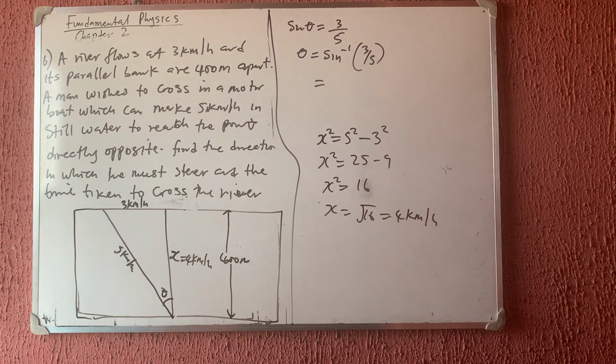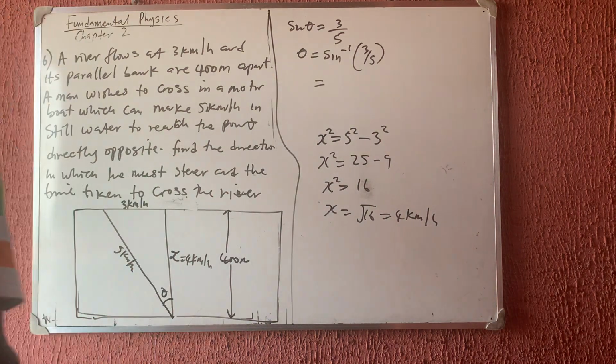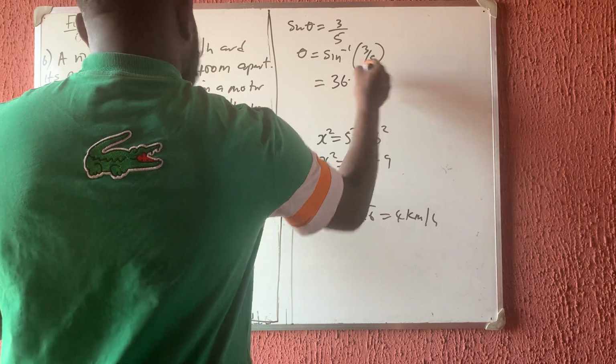So now to get the angle, the direction is here. Which is what? The sine inverse of this. Yes, that's correct. Shift sine inverse of 3 divided by 5. Then sine inverse of my answer, I have 36.89 degrees.